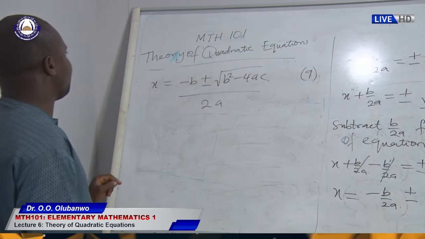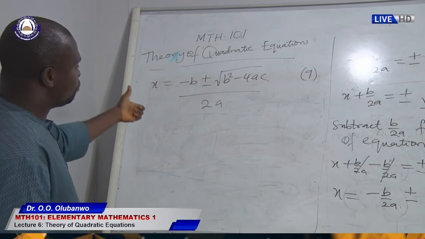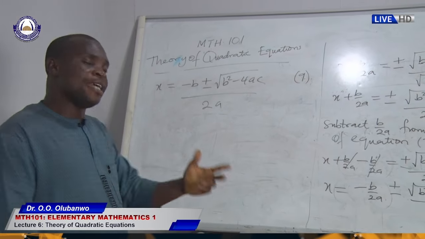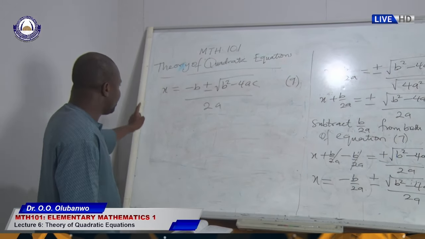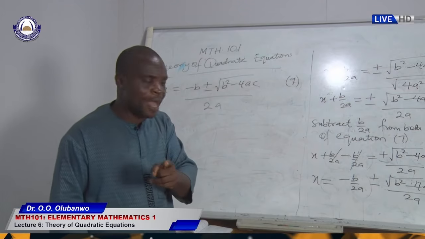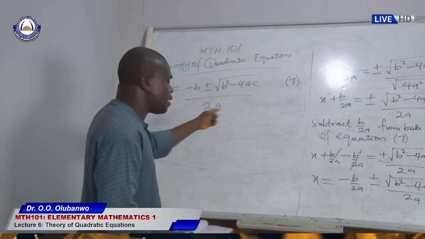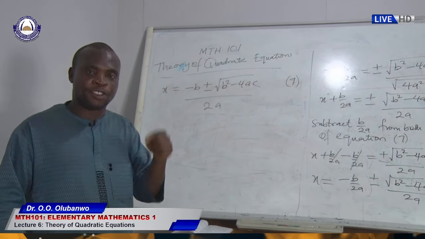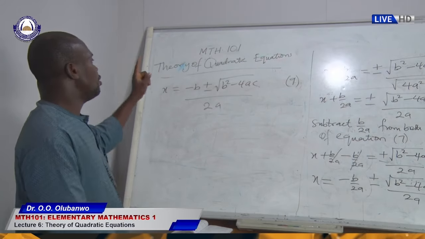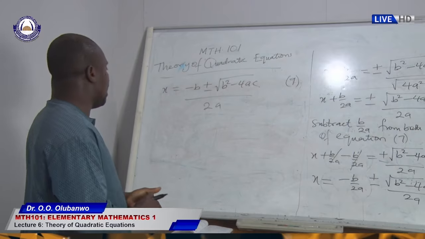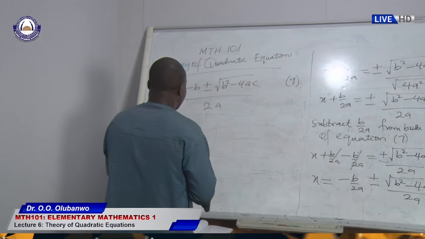Now, looking at what we have here, x equals minus b plus or minus square root of b squared minus 4ac over 2a. It simply means one of the results is x equals minus b plus square root of b squared minus 4ac over 2a, and the other is x equals minus b minus square root of b squared minus 4ac over 2a.